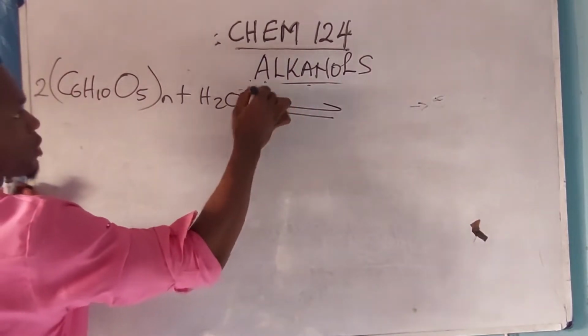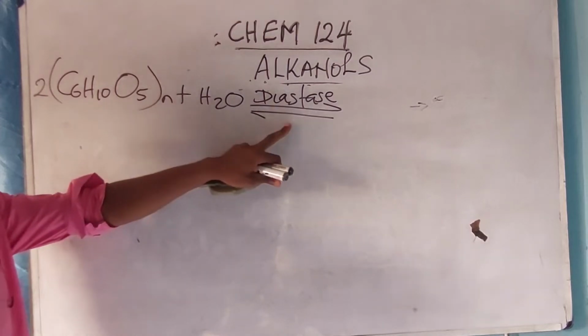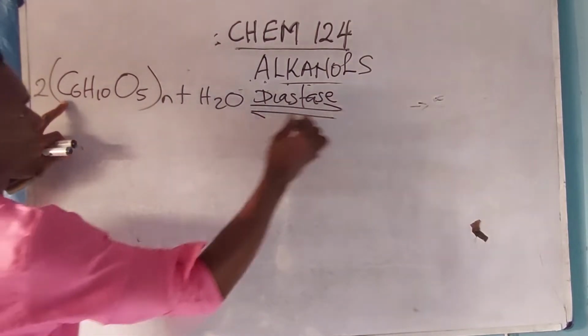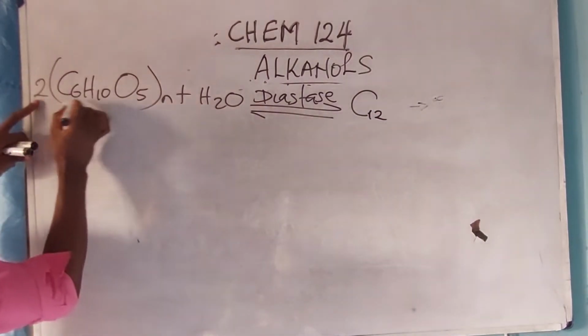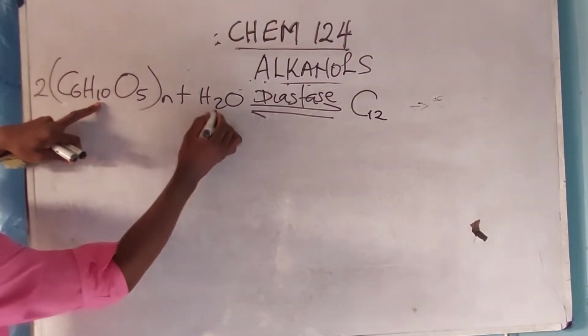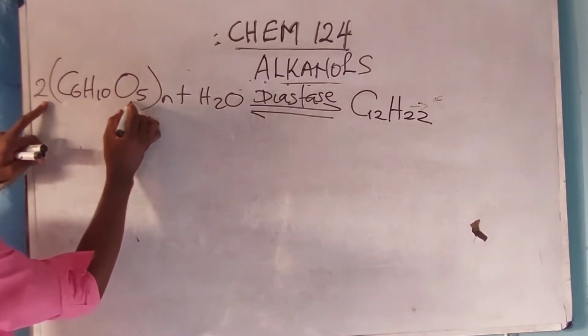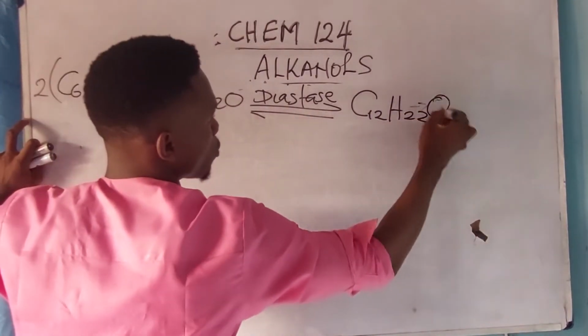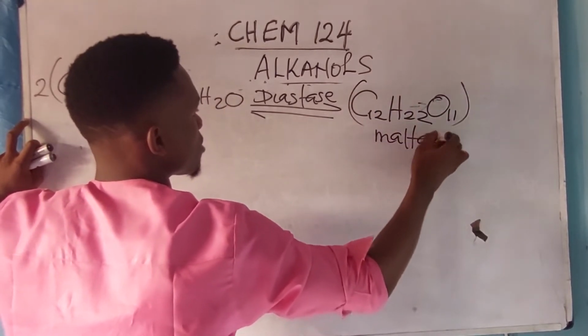This reaction occurs in the presence of a diastase. This entity now has C12, then 2 plus 10 is 20 plus 2, H22, 2 plus 5 is 10 plus 1, O11. Alright, this is maltose.